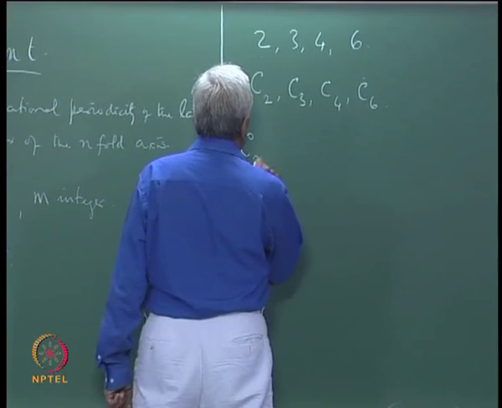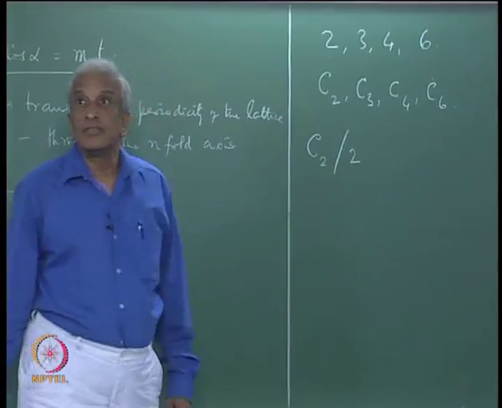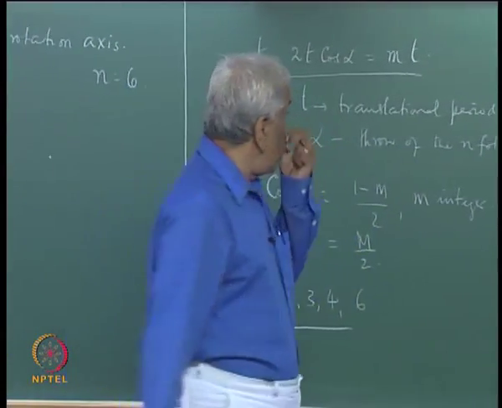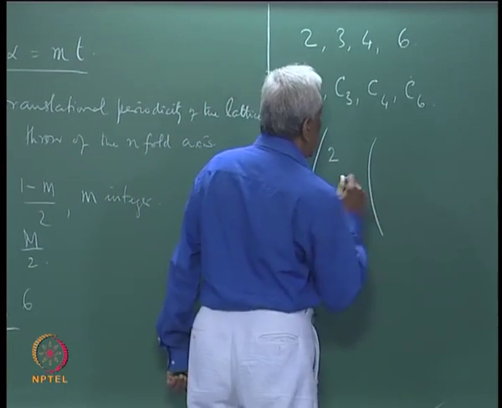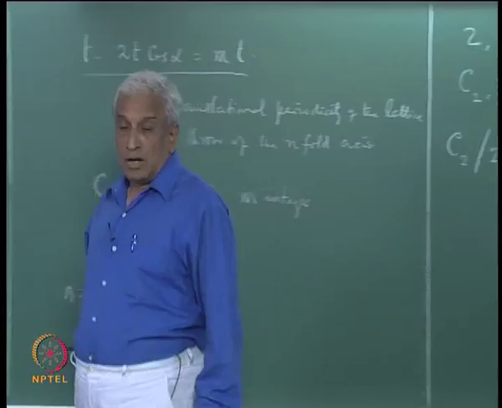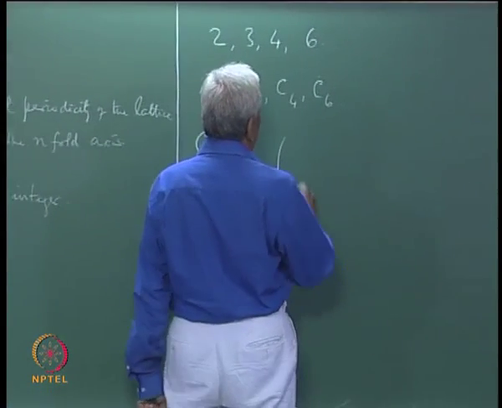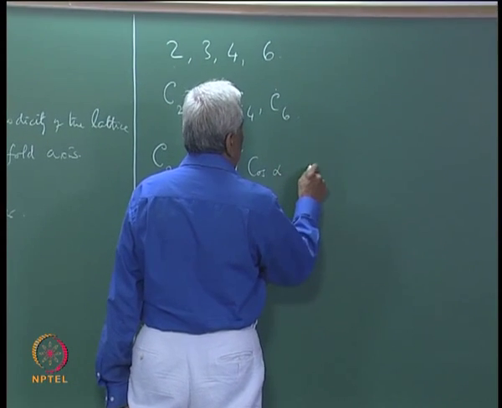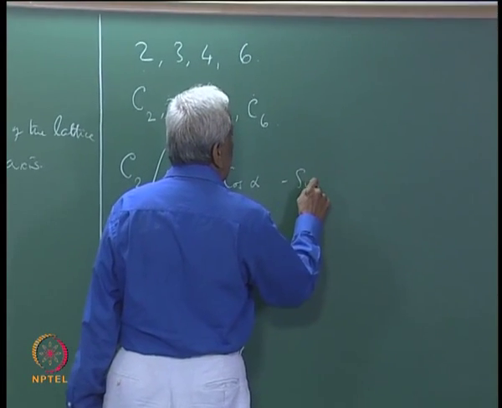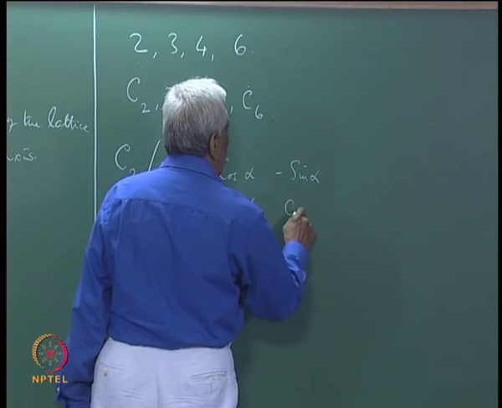Suppose we consider C2. The Schoenflies symbol is C2 and the international symbol is 2, and the angle of the rotation is pi. So, we have in general cos alpha, minus sin alpha, sin alpha, cos alpha.